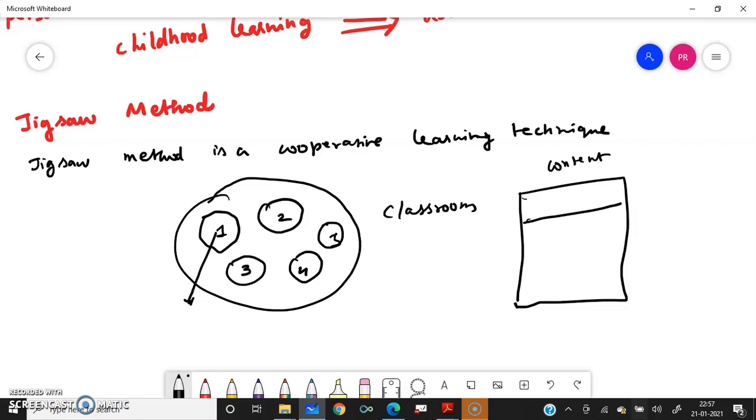The content is divided into 4, one for each member. What you are going to teach, that content is divided into 4: 1, 2, 3, 4. Suppose 4 members are there in group 1.